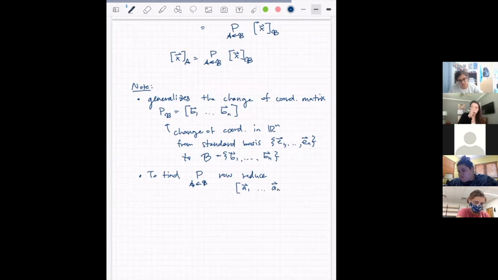So you take all of the columns from the basis A, and you augment with all of the columns from the basis B. When you row reduce this to get the identity on the left-hand side, you get your change of coordinate matrix on the right-hand side.